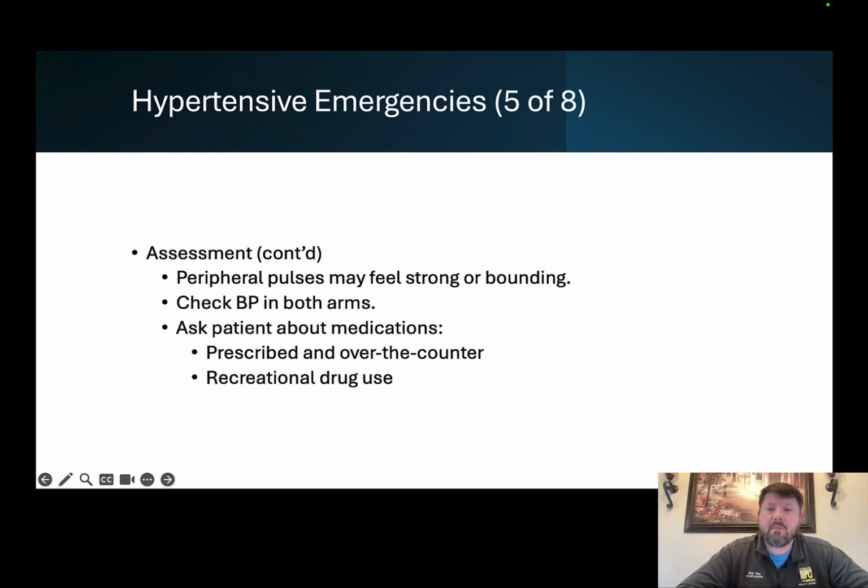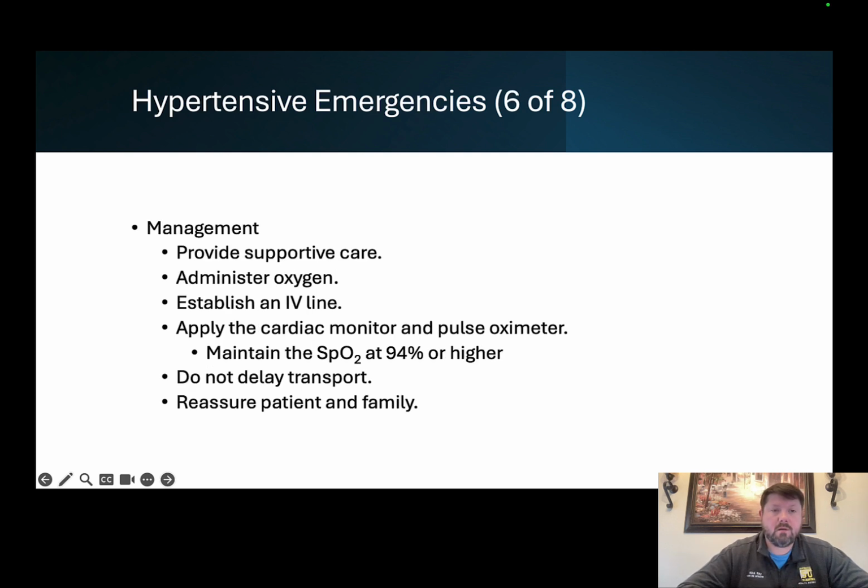Ask the patient what medications they take and if they take them as prescribed. Provide supportive care, administer oxygen if needed, establish an IV line, apply the cardiac monitor and pulse oximeter, and provide care according to local protocols, which may include the administration of beta blockers, which is usually what the acute treatment would be.